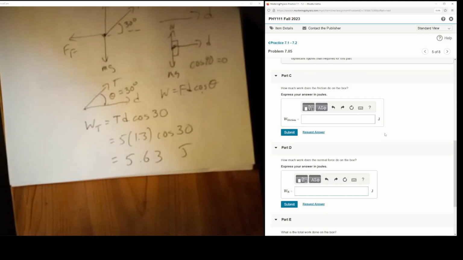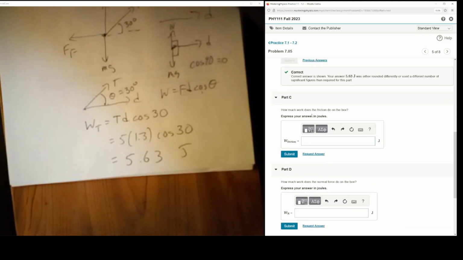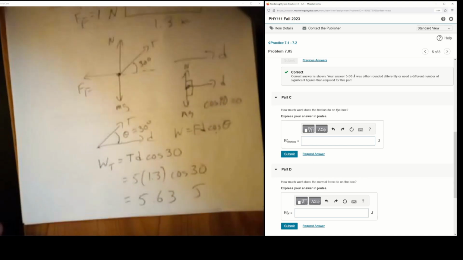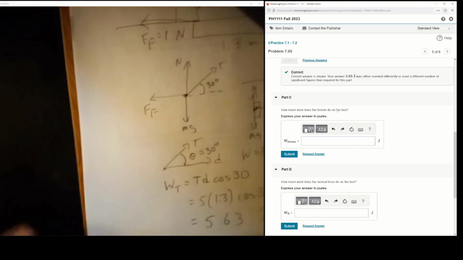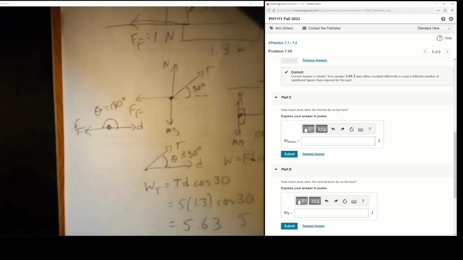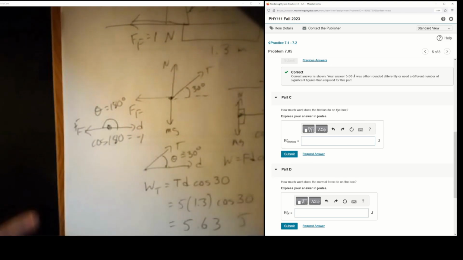And part C, how much work does friction do? So friction, going this way, that's the vector. Our displacement is going to the right. The angle between these two vectors is 180 degrees. A straight line is 180 degrees, and cosine 180 is -1.